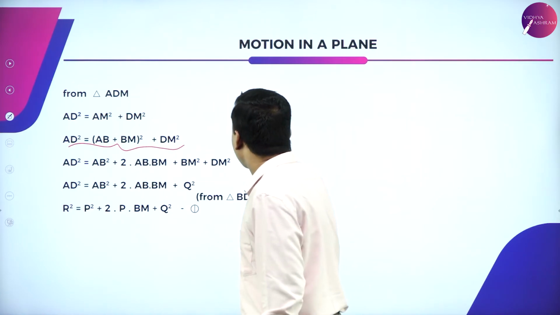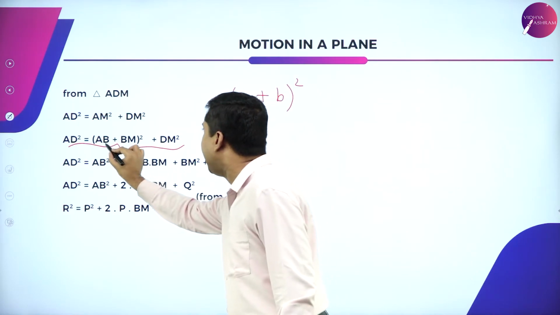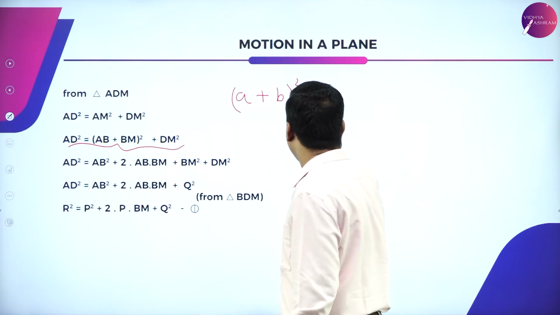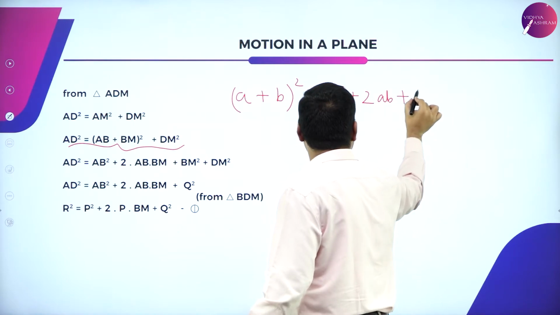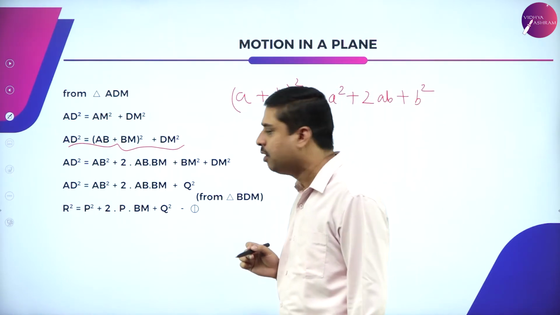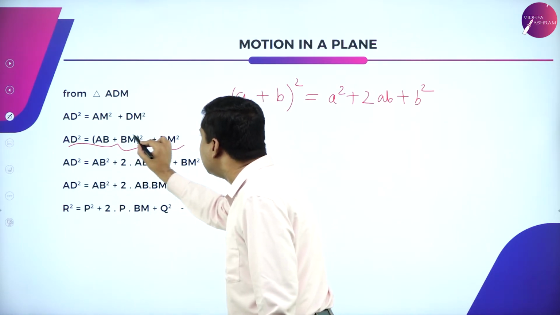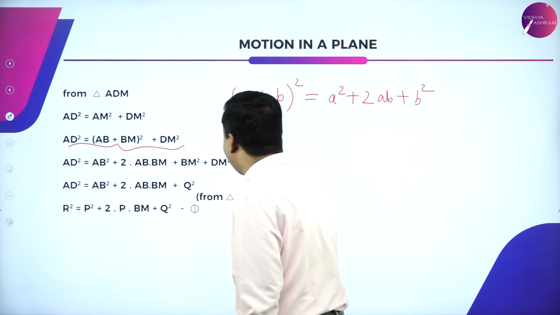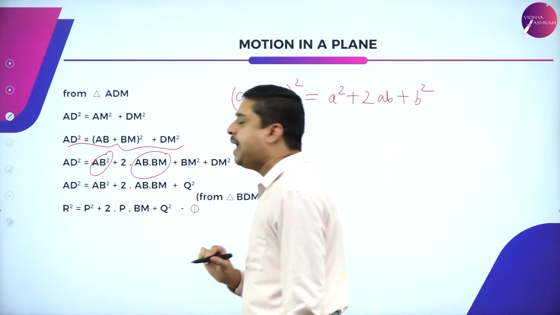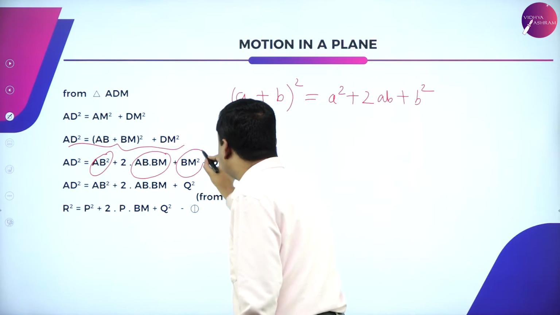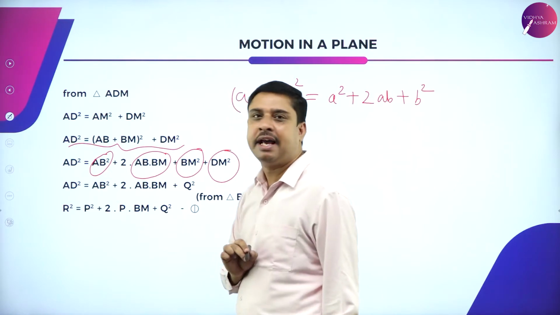Now, this is of the form A plus B whole square, which is A square plus 2AB plus B square. So I write AD square is, expanding this, AB square plus 2 AB BM plus BM square, plus DM square.